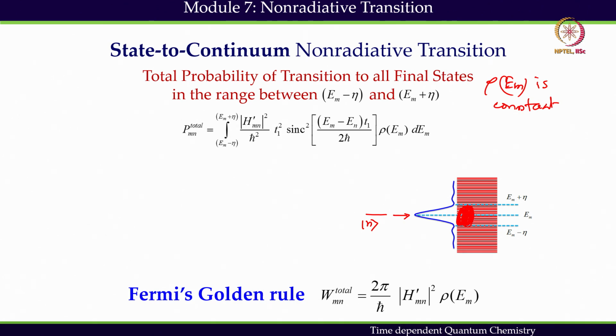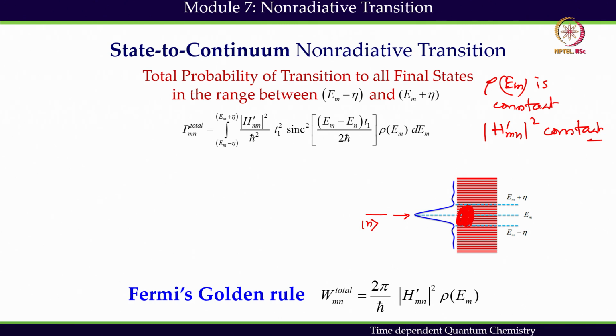Density of states will be constant, and we will say that H'mn, this coupling term, is also constant. So, for each final state, density of states is constant and coupling is constant, and that is why we can take them out of the integration.